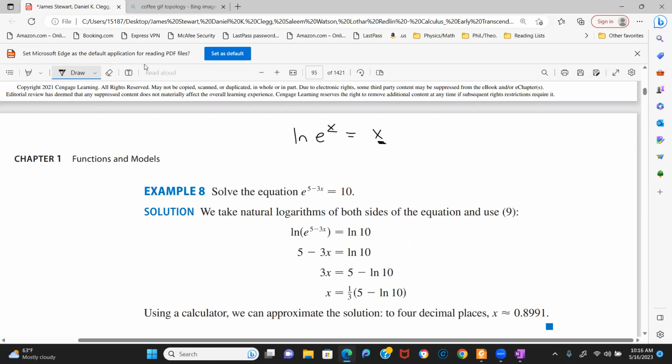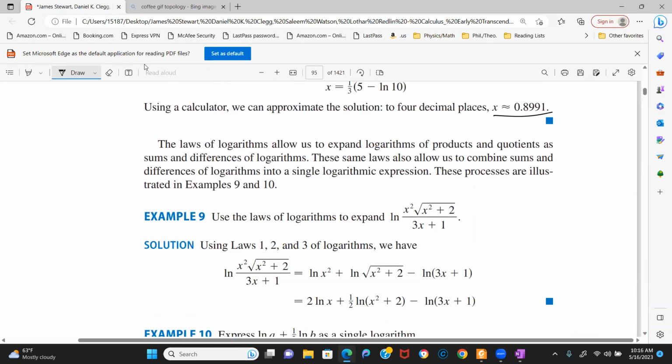So the ln and the e cancel to simplify to the power that you're taking e to, which is 5 minus 3x. And now you can just do some algebra that we're all familiar with, hopefully at this point, to solve for x. And you can get an approximation, but I don't really care about that.